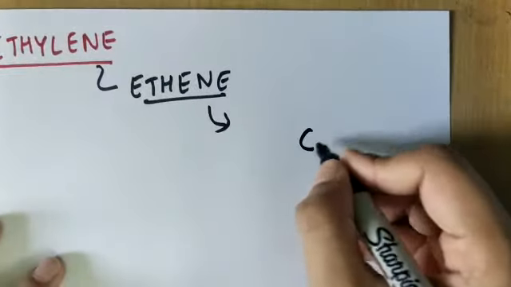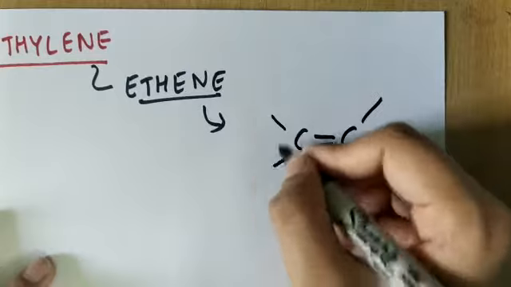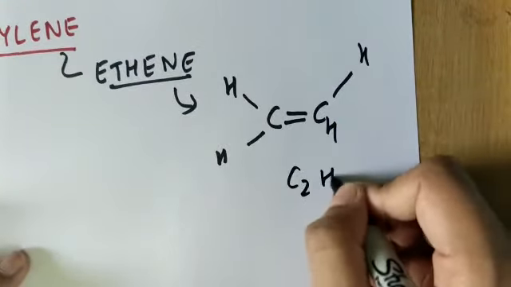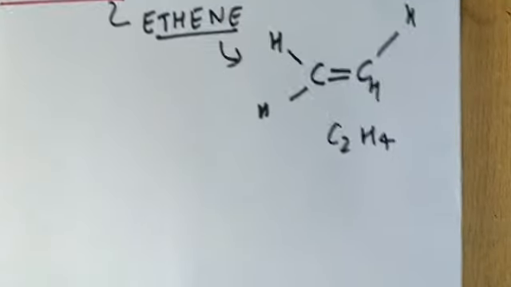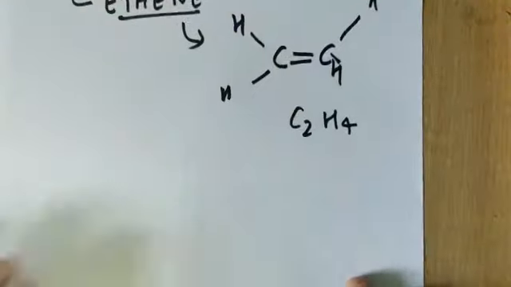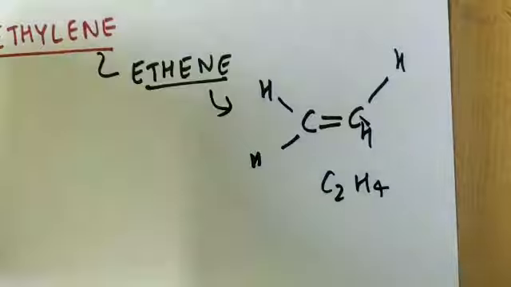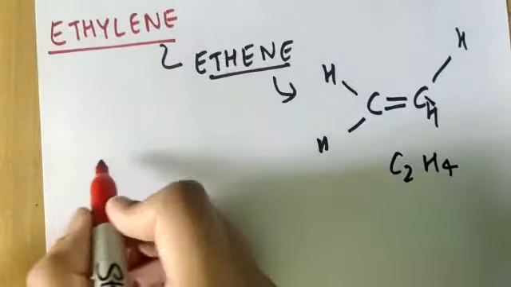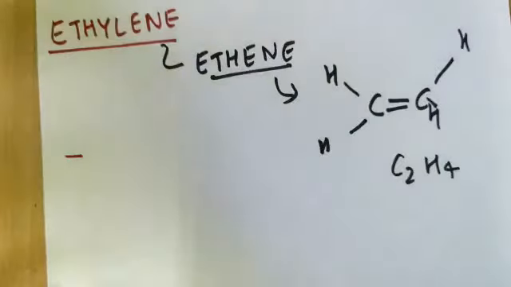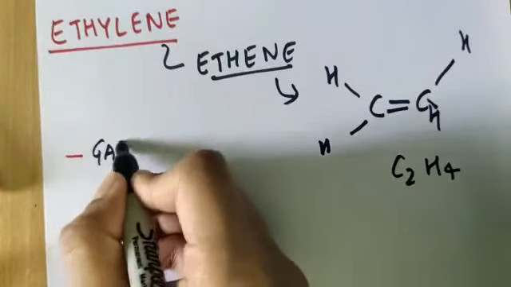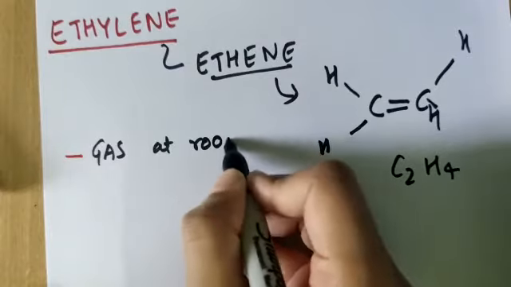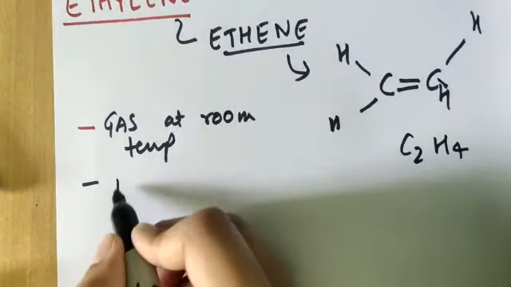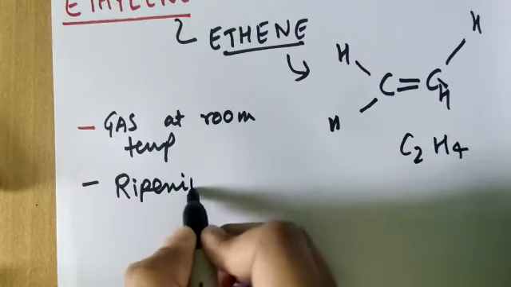That's simply C2H4. So, what is ethylene? The main point you need to note about ethylene is that it is a gas at room temperature. And what is its function? That is ripening of fruit.